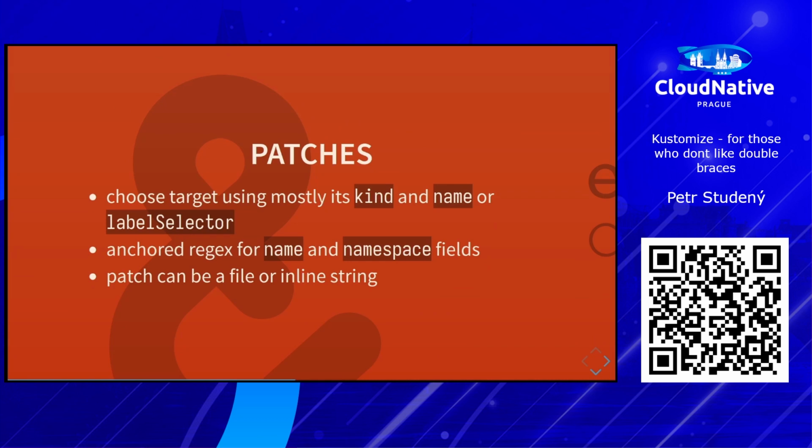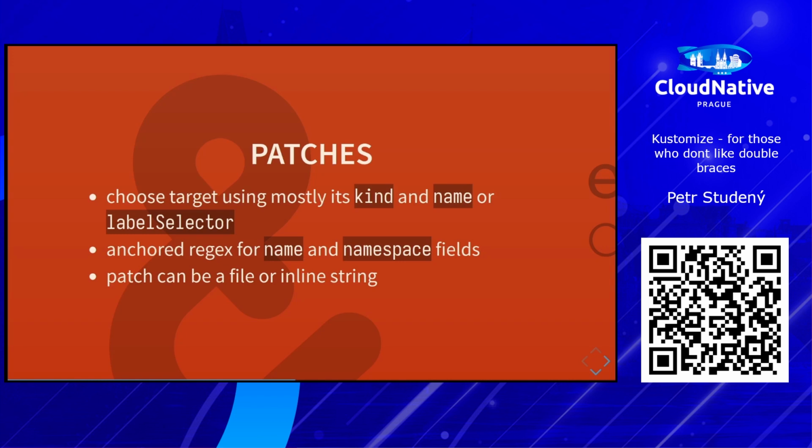Okay, the most important thing about Kustomize is patches, because you patch your bases. You can target your resources that are to be patched using mostly kind and name, or you can use a label selector if you use it in your base resources.